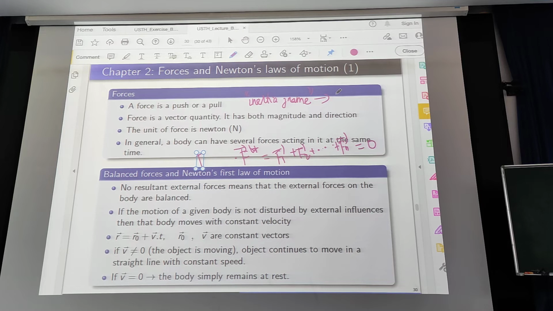So what is the inertial frame? The inertial frame is a frame in which the law of Newton is correct. You can test whether the frame of the floor is an inertial frame or not.